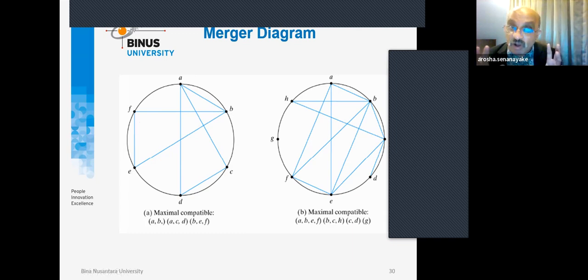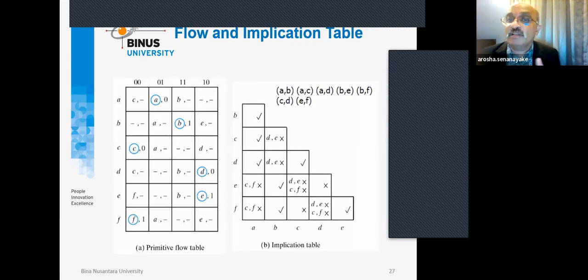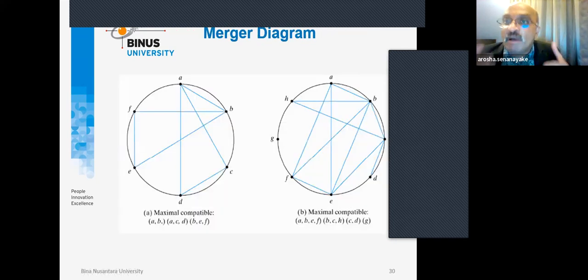These three states in each triangle are considered three-state compatible. From the implication table, we got just pairs of states as compatible. But now we can maximize the compatibility of states, not just 2 but increasing to 3. Again, you can see that it is reduced to A, C, D, and B, F, E.